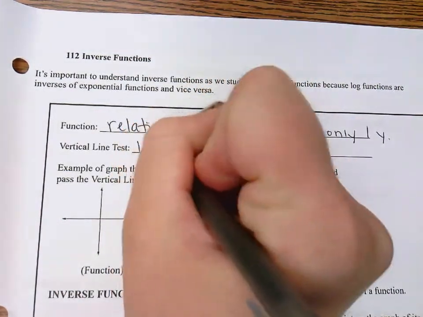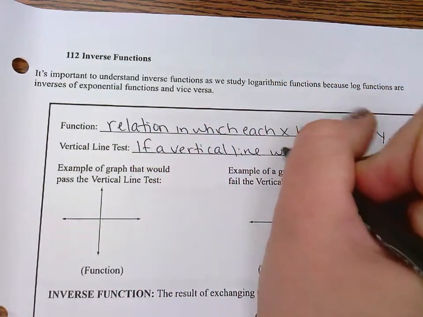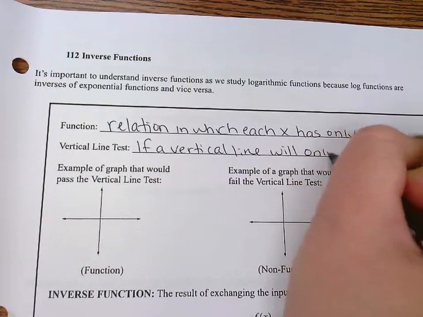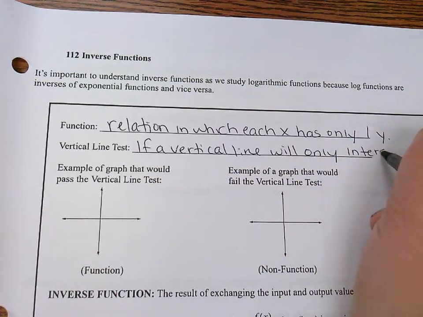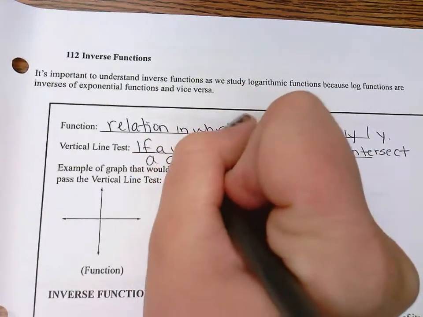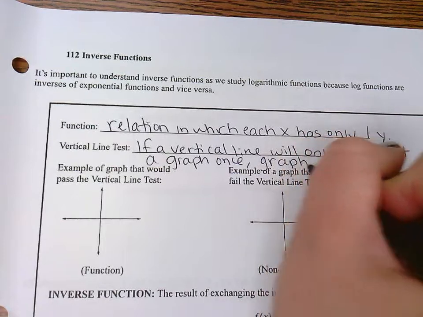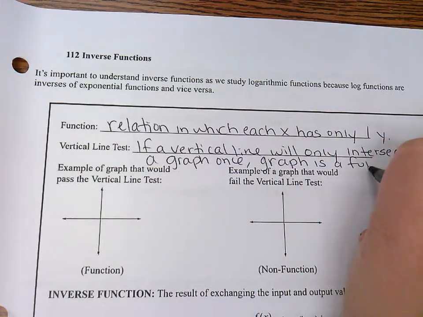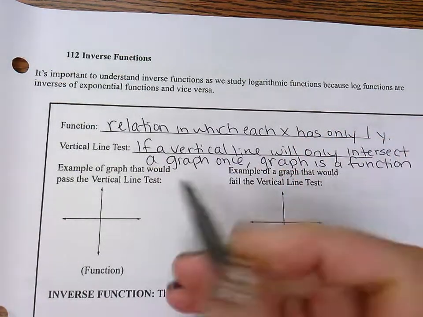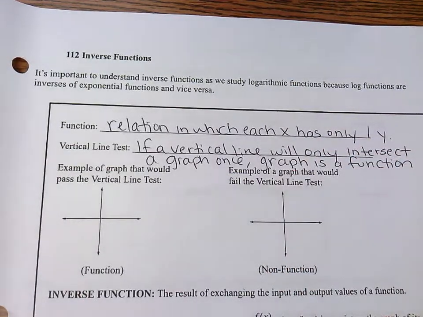If a vertical line will only intersect a graph at one point, then the graph is a function, and that's at any point. So if I start drawing vertical lines, I only want to cross my graph once.